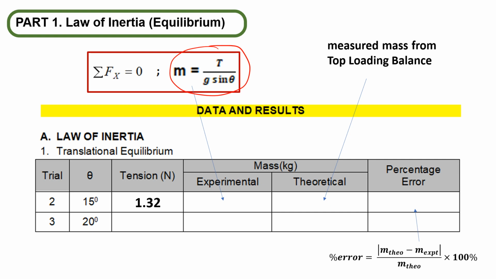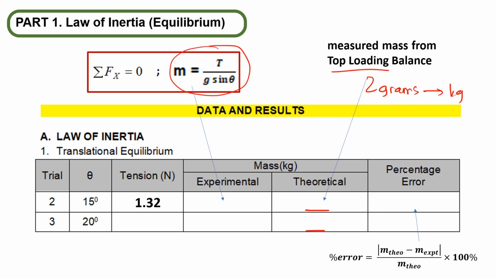We just place the dynamics cart on the balance, and whatever the reading is, that is the mass of the cart. Please take note that the top loading balance reading is in grams, so we need to convert it to kilograms, and place it here.